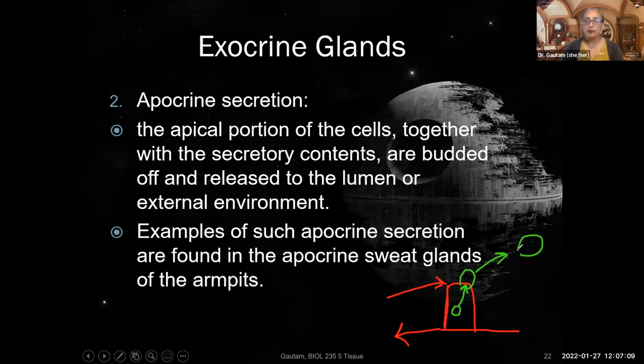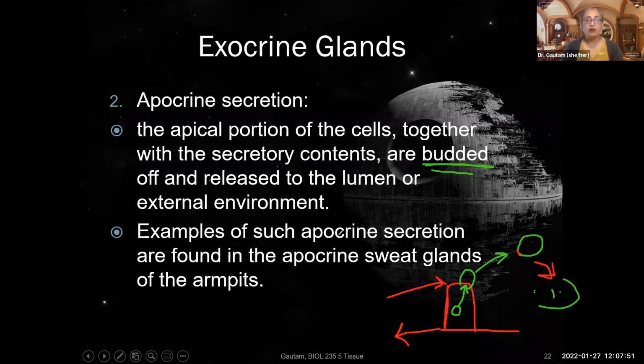Once it's out in the environment, the vesicle opens up because it can't maintain the membrane, and then its contents are released. So apocrine secretion is where the apical portion of the cell, together with the secretory granule content, is budded off, releasing into the lumen. So that's just called budding. If you don't know what budding is, stop now and go look it up so that you can understand this process better.